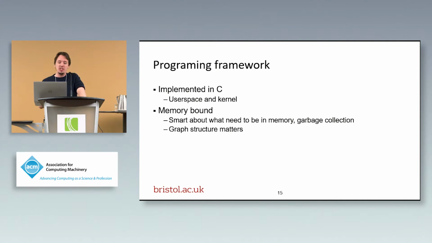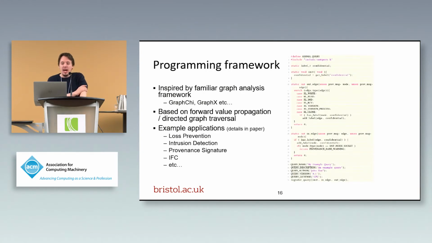As a consequence, it has been implemented in C, so it can run in both spaces. We also looked at Rust, but didn't end up doing the implementation. It's also memory bound, well, that's not the right word, but there is a limit on the memory we use. We do garbage collection, etc., to only keep in memory the graph structure that is relevant for the analysis, and we're going to see a bit more detail about that in the next few slides.